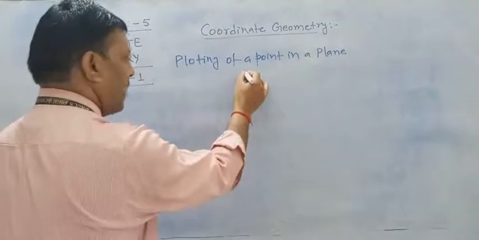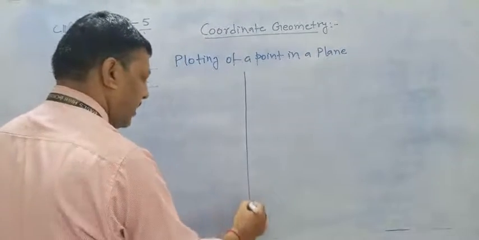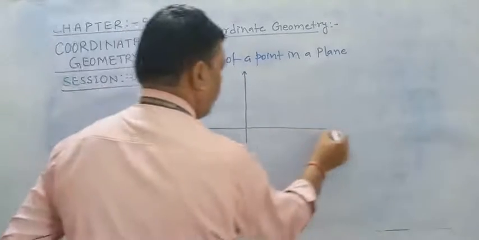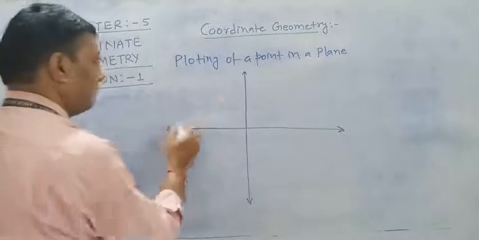So first of all, we have to divide the plane into four parts by drawing two mutually perpendicular lines.